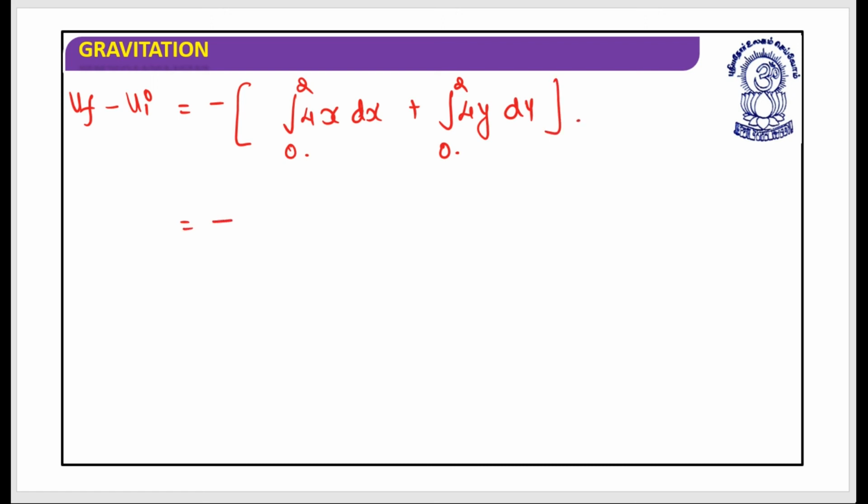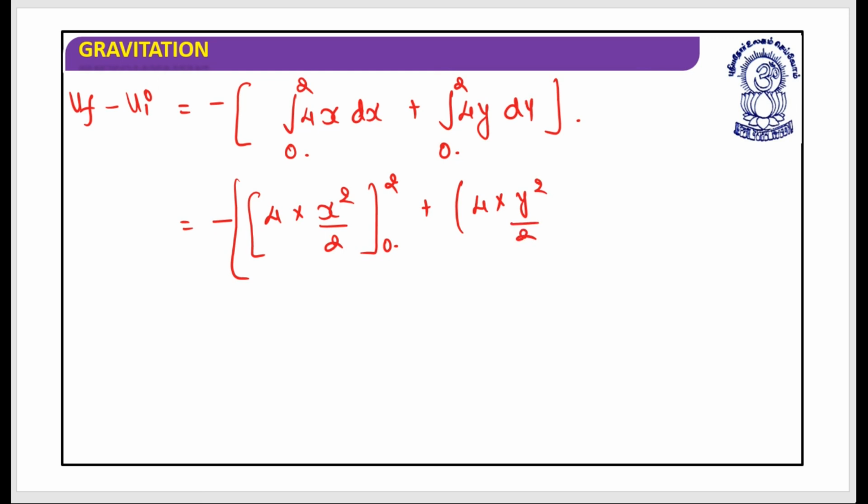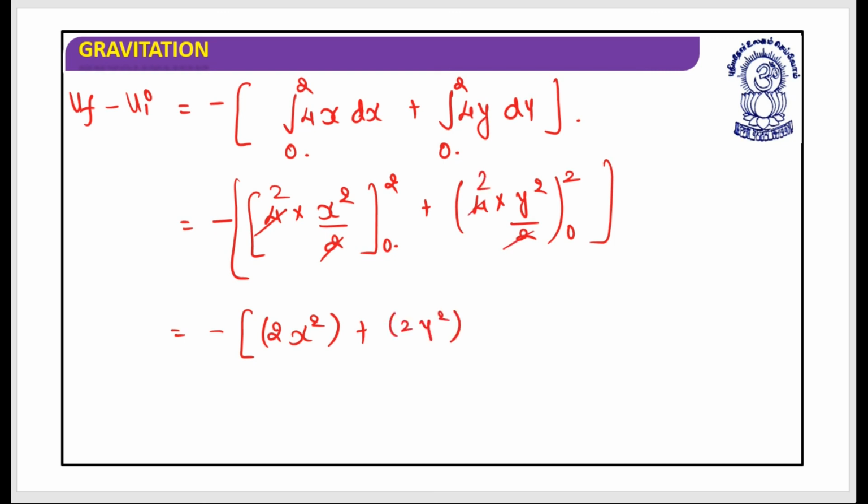This is equals to minus of 4 into x square by 2 from 0 to 2 plus 4 into y square by 2 from 0 to 2. So this will be equals to minus of 2 x square plus 2 y square, integrated from 0 to 2.